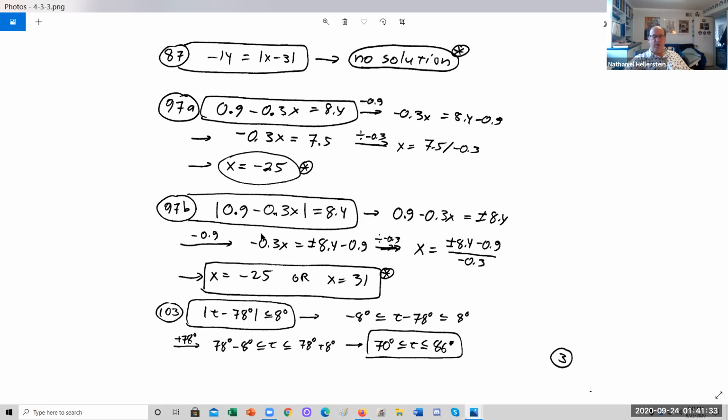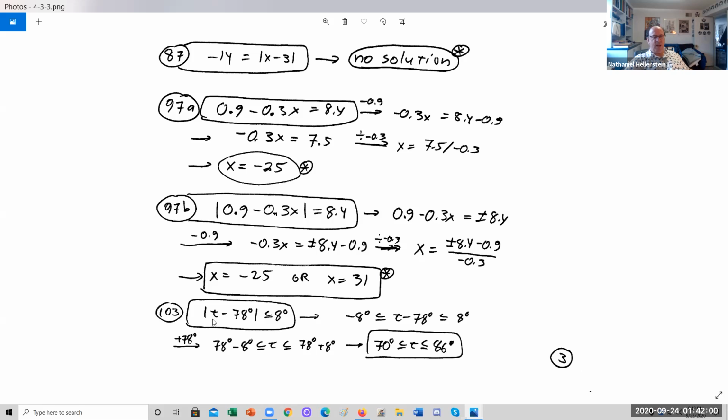Then to isolate x, we divide by negative 0.3. Get x equals plus or minus 8.4 minus 0.9 over minus 0.3. Now, if you have minus 8.4 minus 0.9 over minus 0.3, you get 31. If you get plus 8.4 minus 0.9 over negative 0.3, you get negative 25. Here are the solutions.